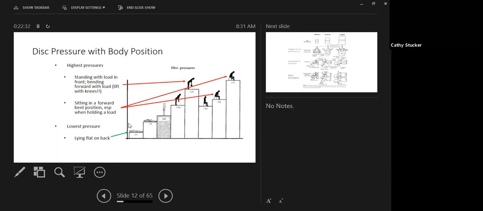And then as we go up fighting gravity, believe it or not, the worst position for pressure on your disc is a seated position, flexed forward, slouched forward, with weight in your hands. That puts the most pressure on your disc.